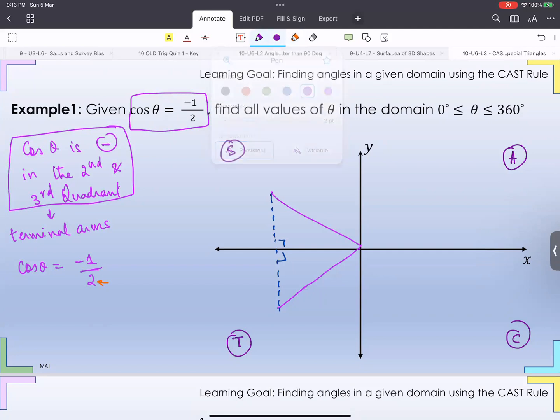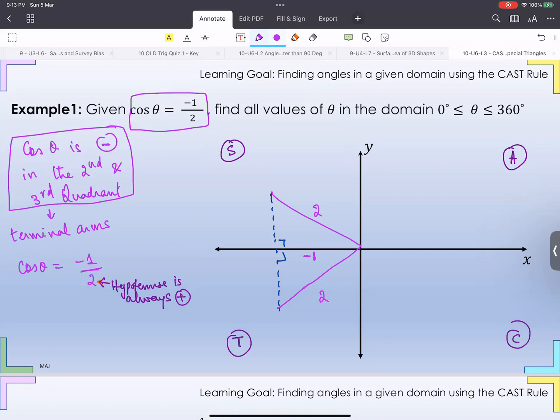Hypotenuse is not going to be negative. So the hypotenuse is 2 and the adjacent value is -1, right?